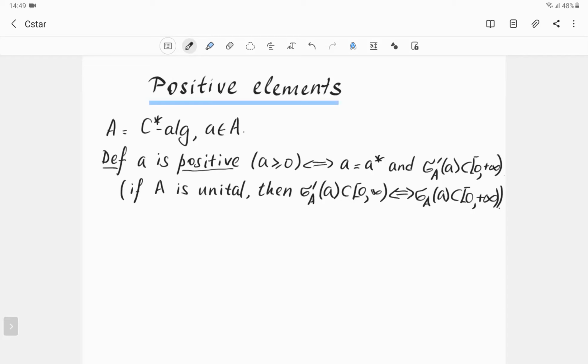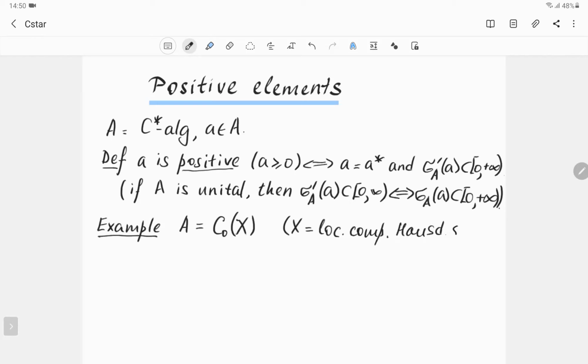Let's look at the following basic example. Suppose that A is C0 of X, the algebra of continuous and vanishing at infinity functions on a locally compact Hausdorff space X. Then an element of our algebra is positive in the sense of the above definition, if and only if this function is non-negative everywhere.